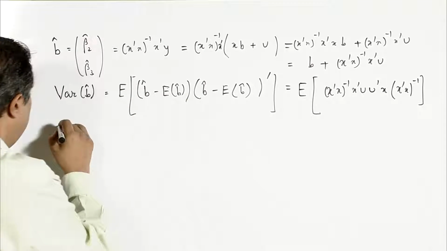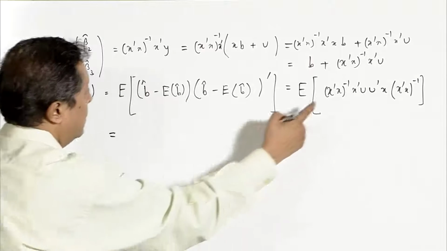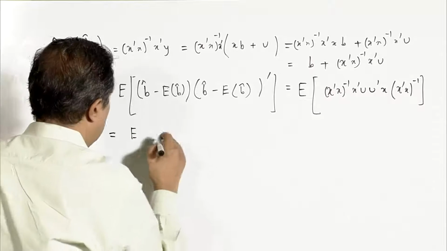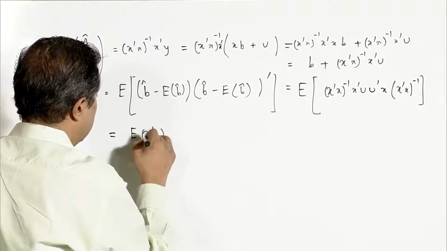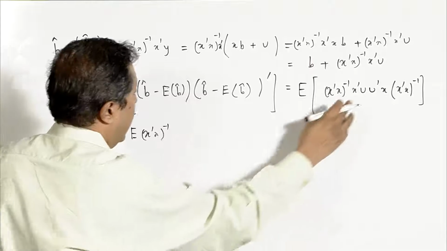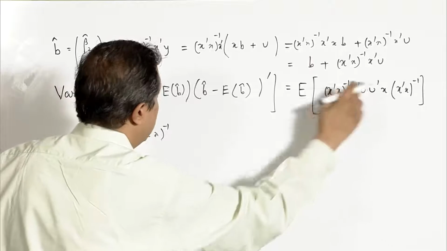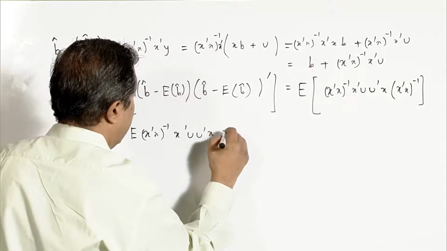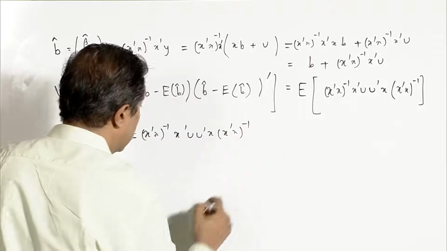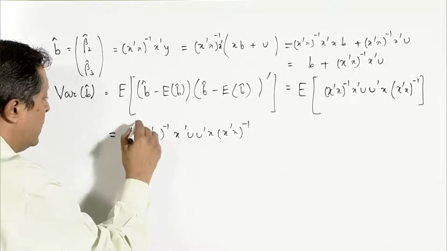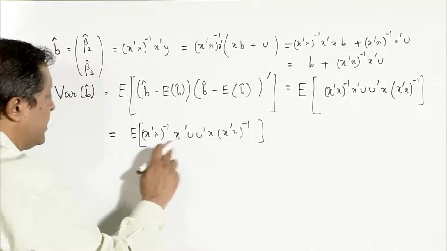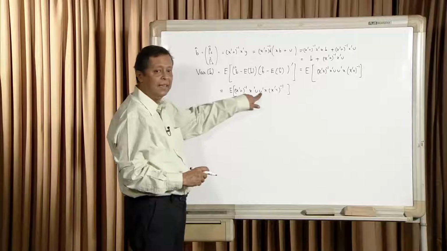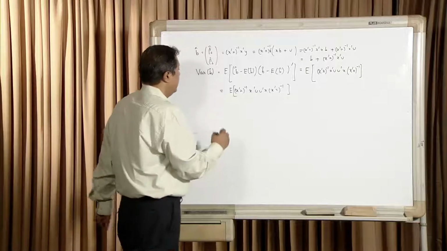So, the variance of b hat boils down to the expectation of x prime x inverse x prime u u prime x x prime x inverse, but all of the x's are non-stochastic; only the u vector is a stochastic variable.